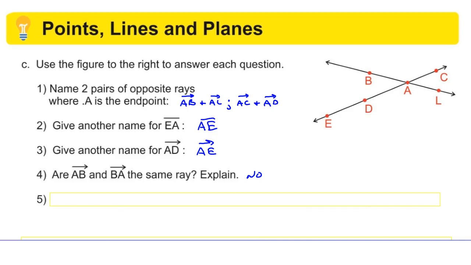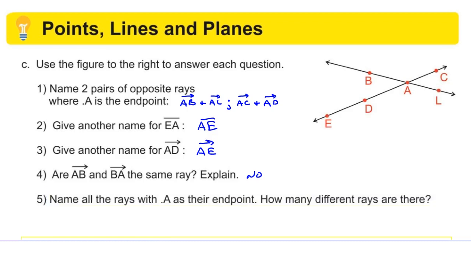So let me ask you this, are they opposite rays? They go in opposite directions? No, because they don't have a common endpoint. All right, got to know your definitions, right? Name all the rays with point A as their endpoint. How many different rays are there? Okay, so I hope you look and see that there are 4 different rays, right?